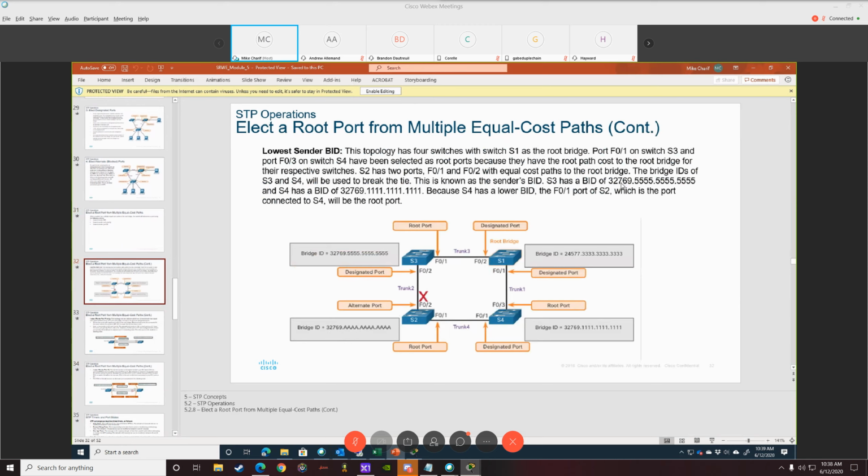I see what you mean. S4, which is this one, has a lower BID.